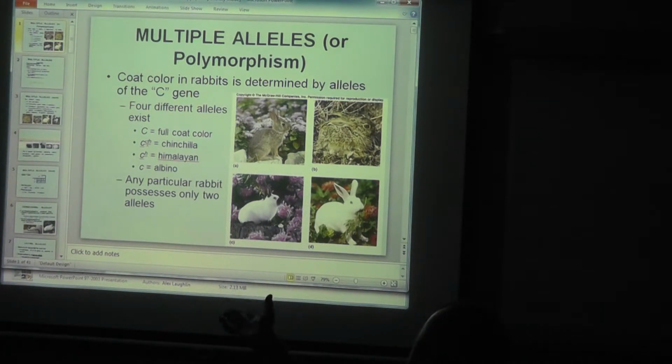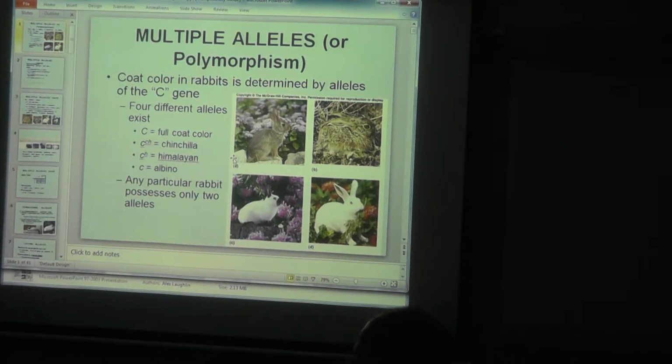If there is a full coat color and it mixes with any of these, you will get a full coat color because this is dominant. But if these recessive ones mix, then you will get something else. You can again do the Punnett square and follow the rules to figure out what the colors of the rabbits are going to be.